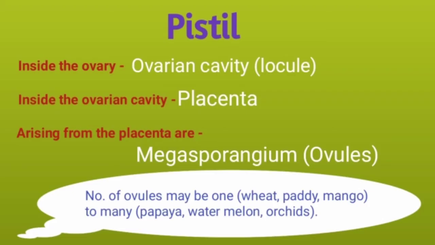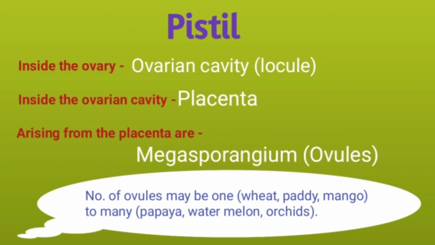In different angiosperm plants, the number of ovules may be one or many. For example, in plants like wheat, paddy, mango, the number of ovules is only one in an ovary. Because of that, we get only one seed from one single fruit of those plants.